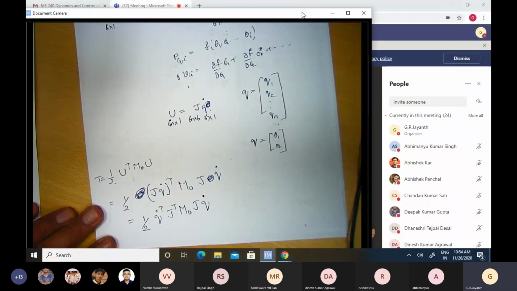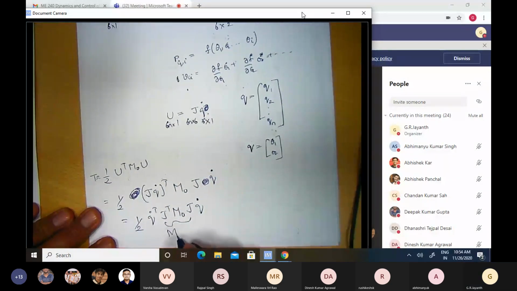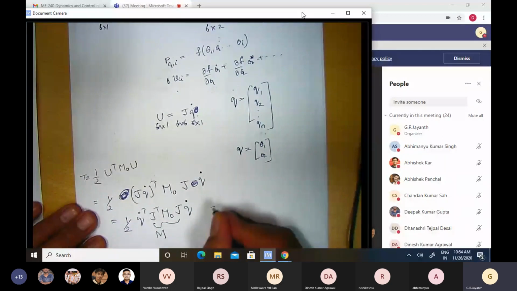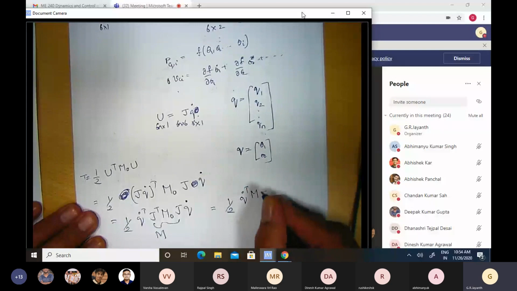Now again I define this J transpose M naught times J as a new mass matrix M, and therefore write this as half of Q dot transpose M Q dot.